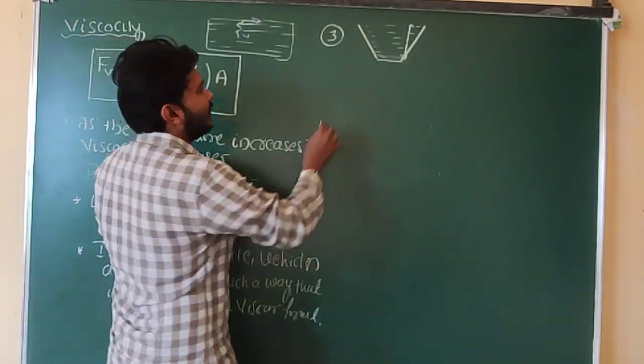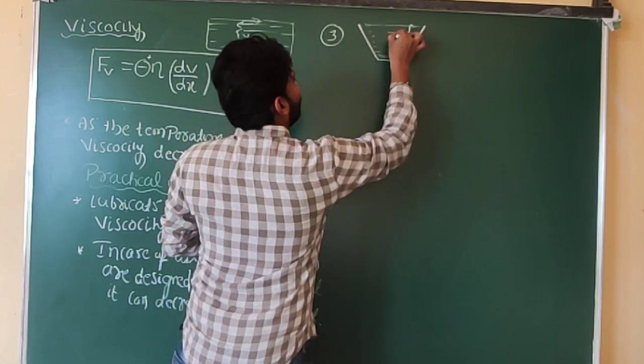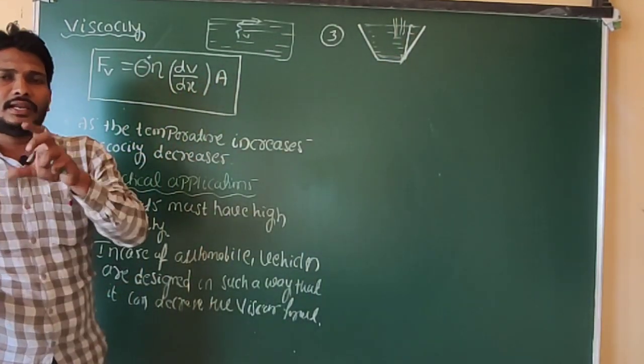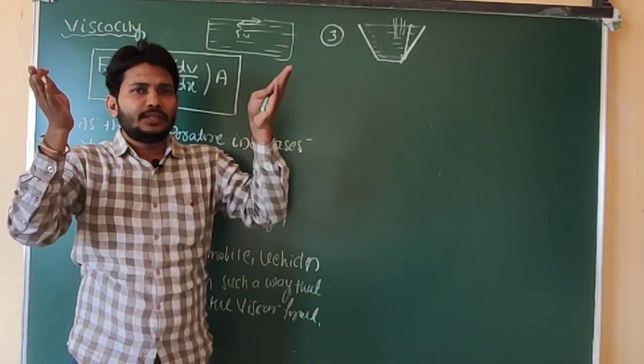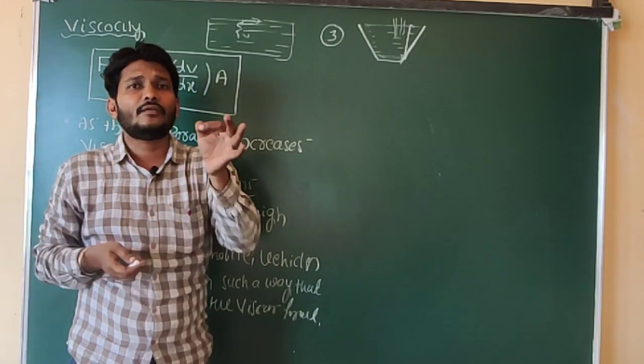So in this canal, the upper part of the fluid is moving with a greater velocity. In case of water canals, they construct them in a V shape.